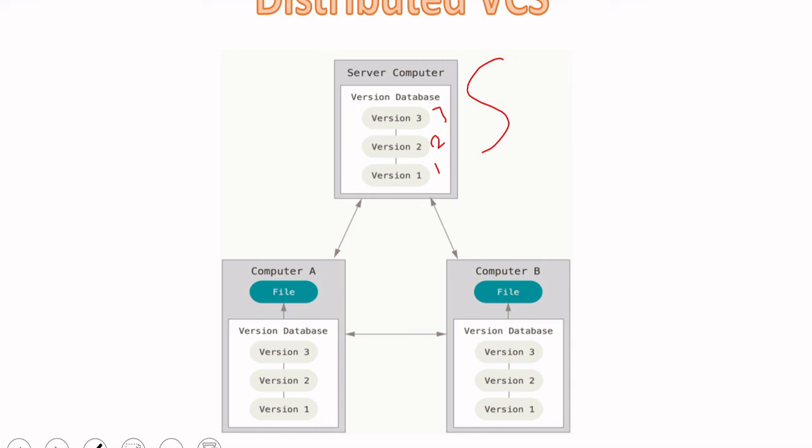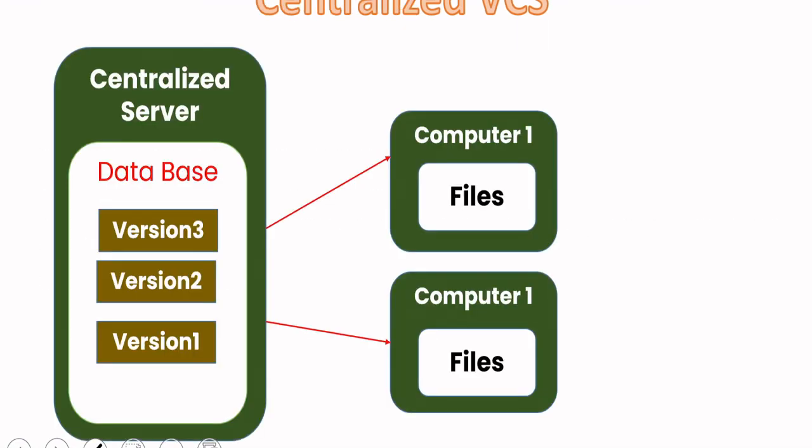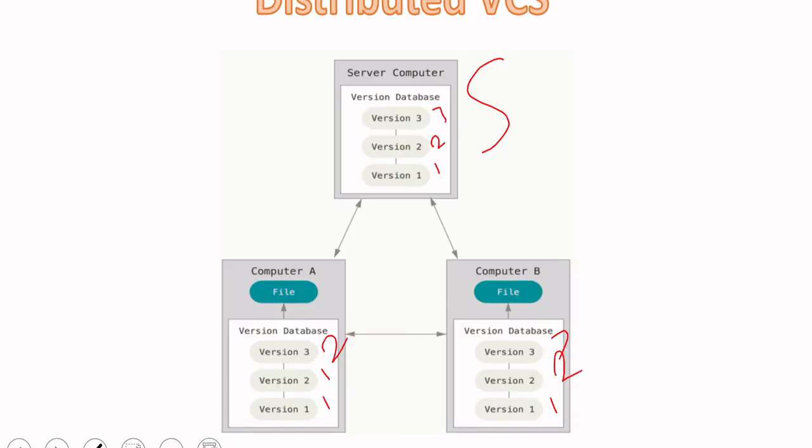He also got the 3 versions. Version 1, version 2, version 3. And developer 2 also got the 3 versions. But if you see the previous centralized one, they are not getting the complete versions. They are just getting the latest files. So that is the major disadvantage with the centralized that has been overcome in the distributed.